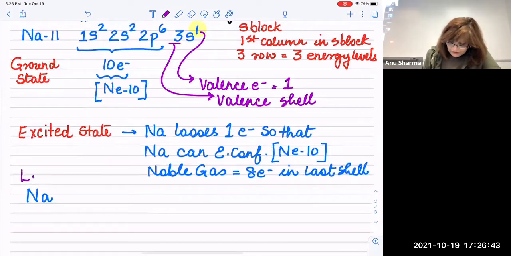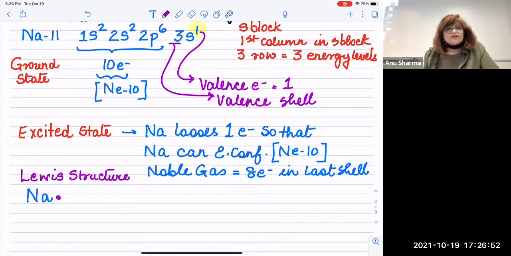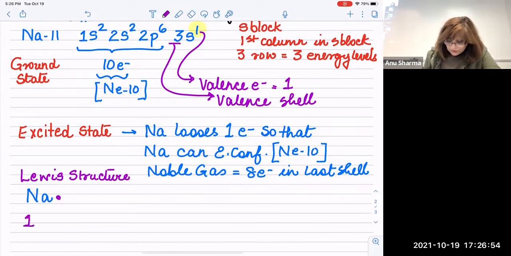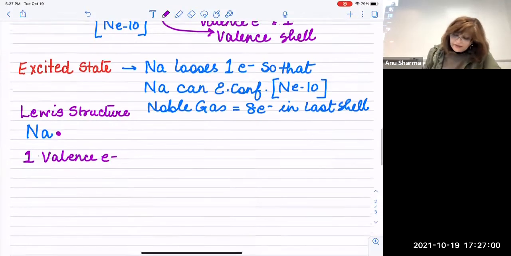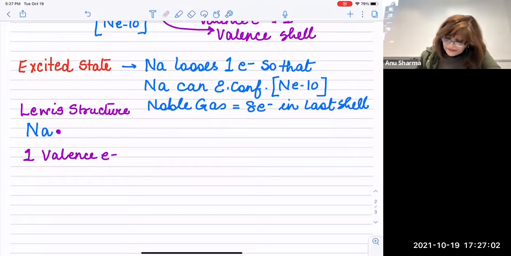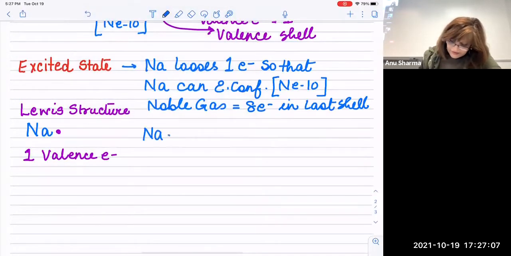So we need to draw these also. The Lewis structure of sodium looks like this. Just 1 valence electron you need to show in the Lewis structure. Okay, now here's the sodium with its 1 valence electron.